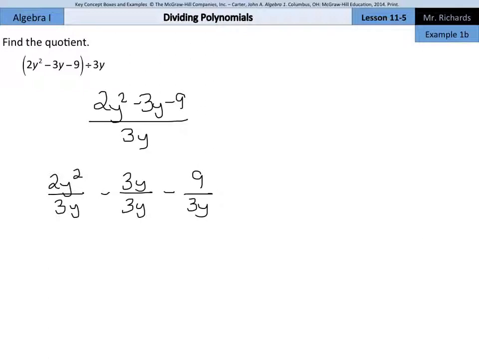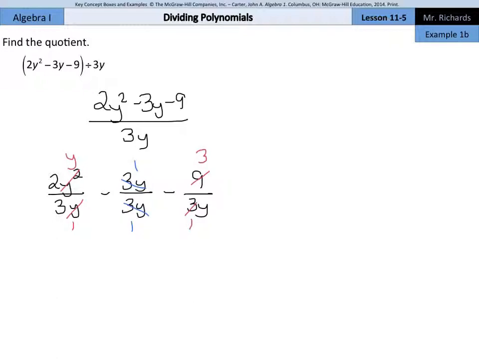Now we can look to divide out common factors. The 2 and the 3, there's nothing we can divide out there, but the y squared and the y we can divide by y to leave us with the y and, well, 1. The 3y and the 3y we can just divide by 3y to get 1 and 1. And then the 9 and the 3, if we divide by 3, we're left with 3 and just 1.